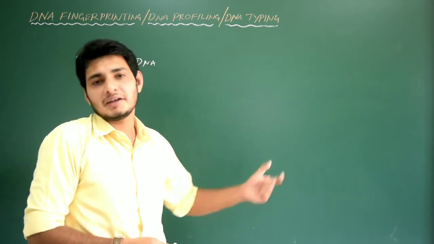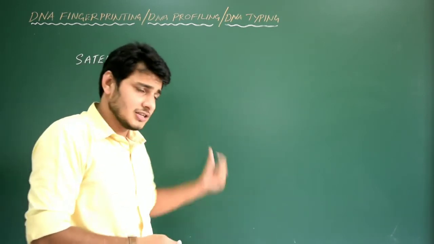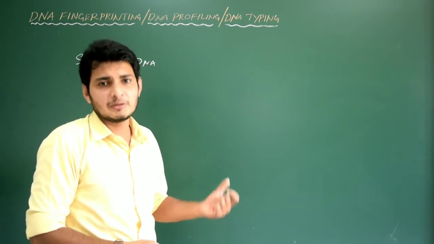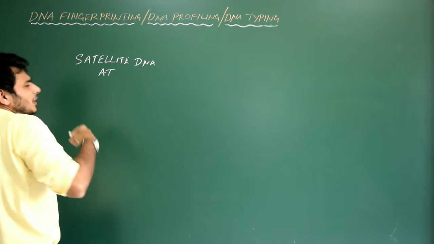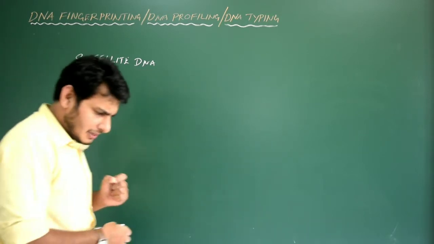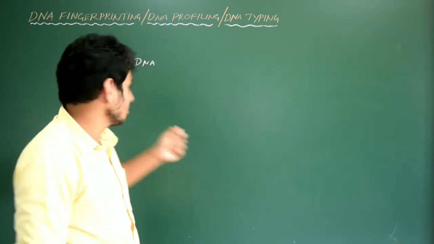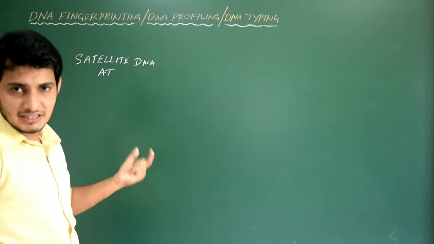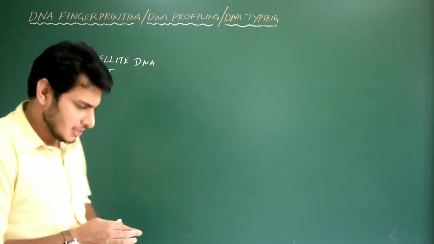GATA is repeated, in my case 6 times, in Srishant's case 4 times, and in Sakshat's case 2 times. Satellite DNA could be AT rich sequences, or GC rich sequences, or a mixture of everything. These are the possibilities.